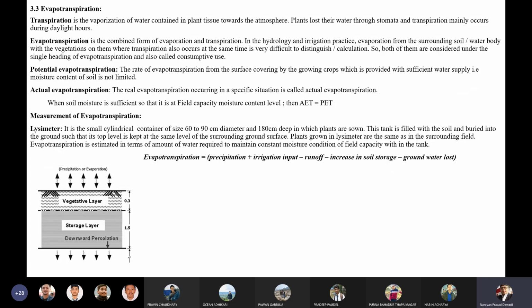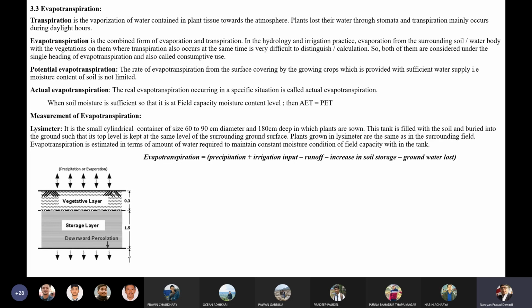If the crop is provided with sufficient moisture content, through which the evaporation and transpiration occur, at that time the moisture content of the soil is not limited, because there is no scarcity of moisture to the crop, and the evapotranspiration from the body and the surrounding soil is called potential evapotranspiration. It is the rate of evapotranspiration from the surface covered by growing crops which is provided with sufficient water supply.